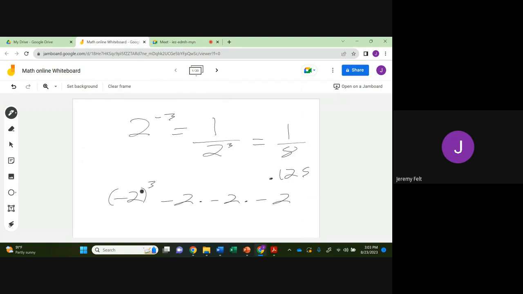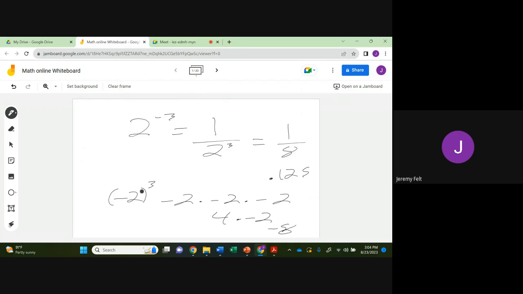Okay, so -2 times -2 is positive 4. 4 times -2 is -8. So negative numbers are kind of unique, because if the exponent is an even number, -2 times -2 is positive 4.